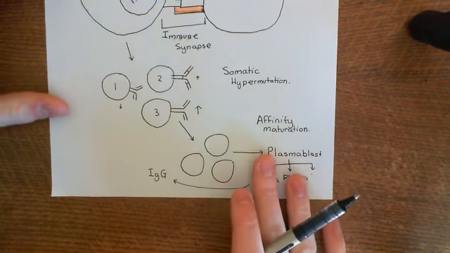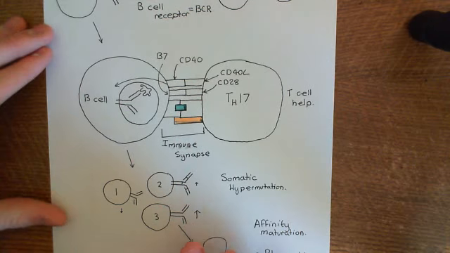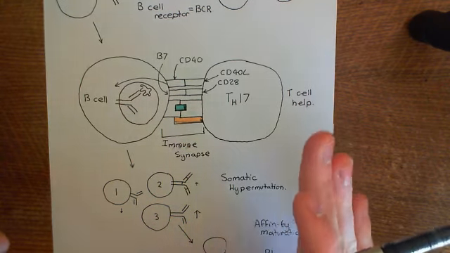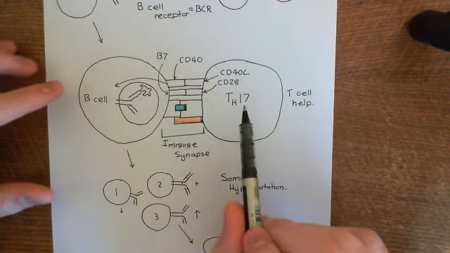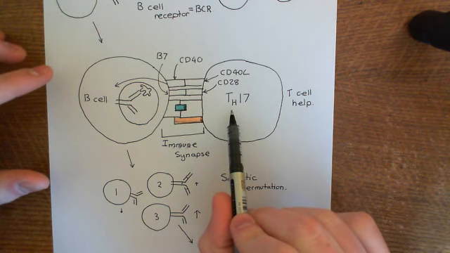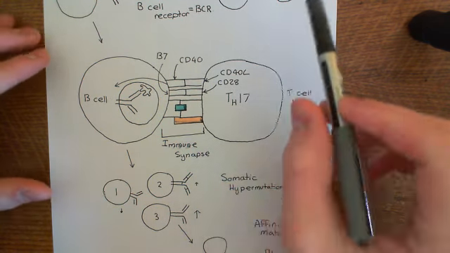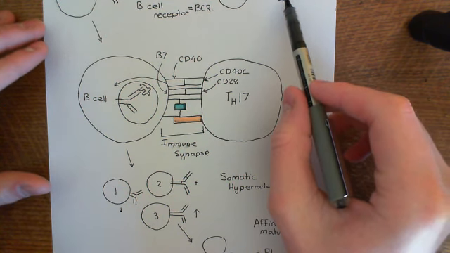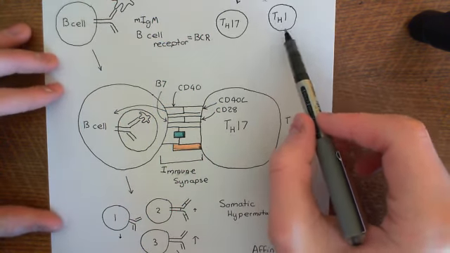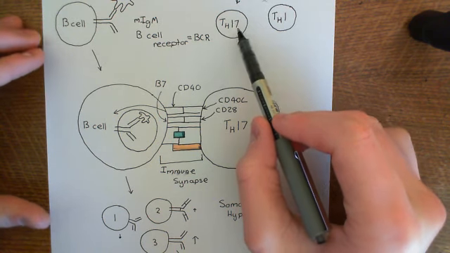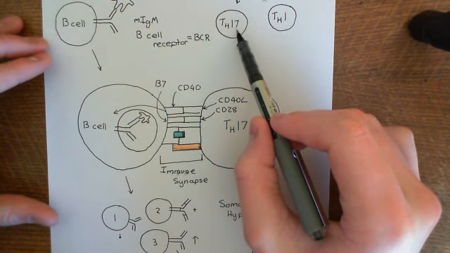And I should just add that this pathway is controversial, okay? It may well change. We do not find a vast array of T helper 2 cells involved in rheumatoid arthritis. We do not find a vast array of T helper 1 cells involved in rheumatoid arthritis. We do find a vast array of T helper 17 cells.